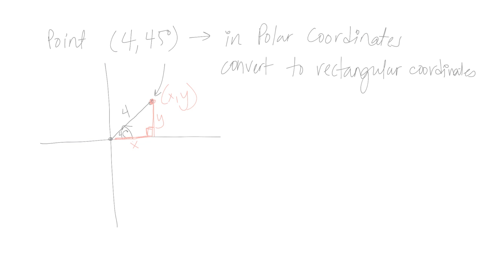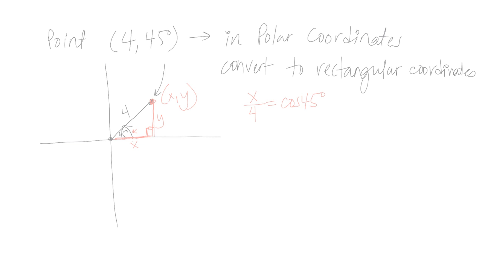I could figure it out using one of the 6 trig functions. The 45-degree angle is here. X is my adjacent side. 4 is my hypotenuse. So that means x over 4 has to equal the cosine of 45 degrees, because cosine is adjacent over hypotenuse.